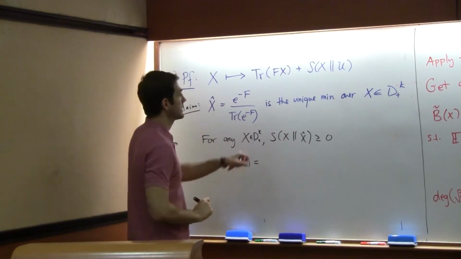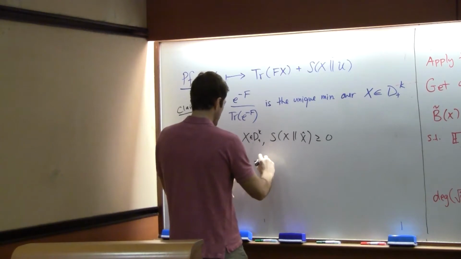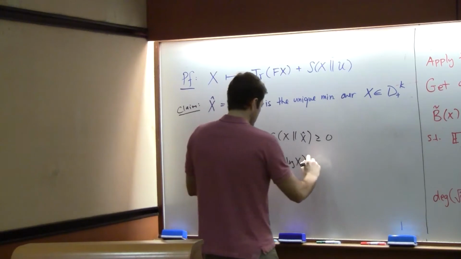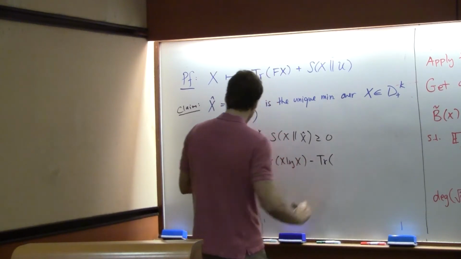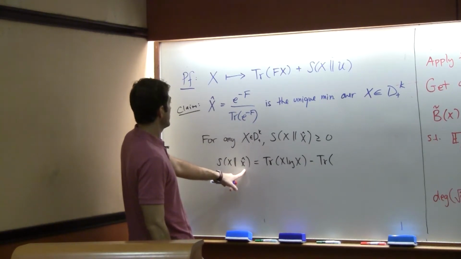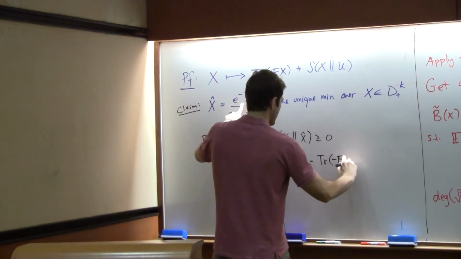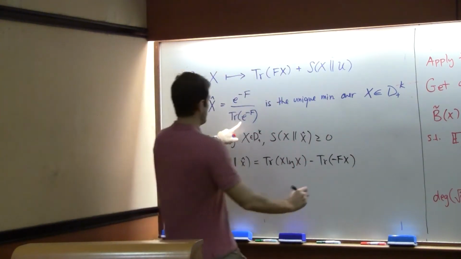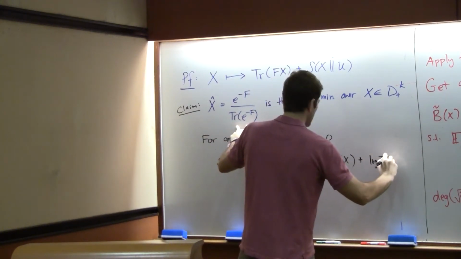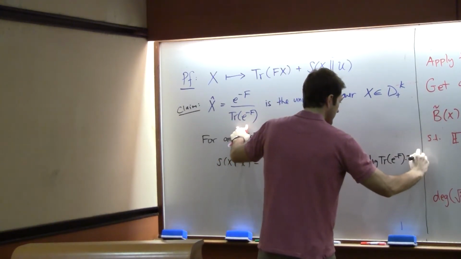Okay, so what is it? We have to look at the definition. It's trace x log x minus trace of x log this thing, so what do we get? We get minus f x, and then plus log of the trace of e to the minus f times the trace of x.